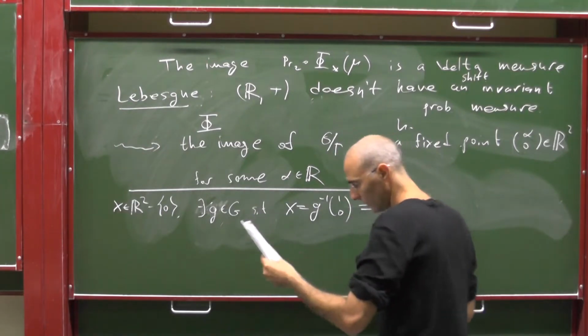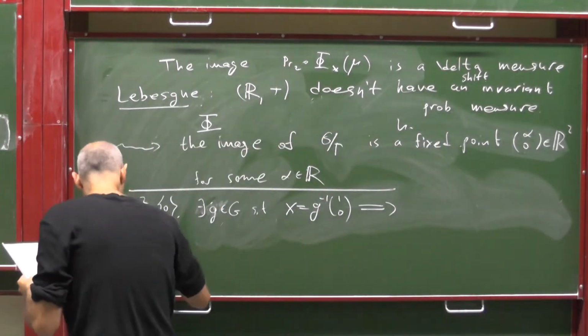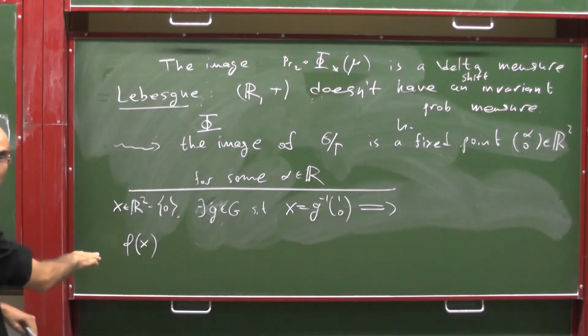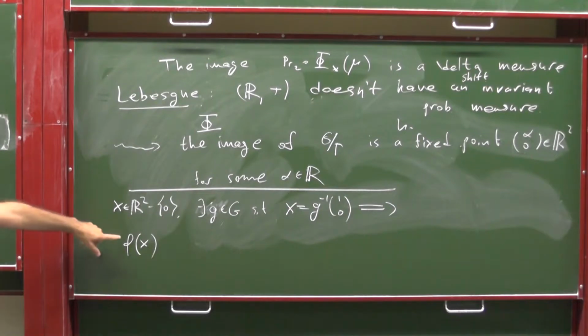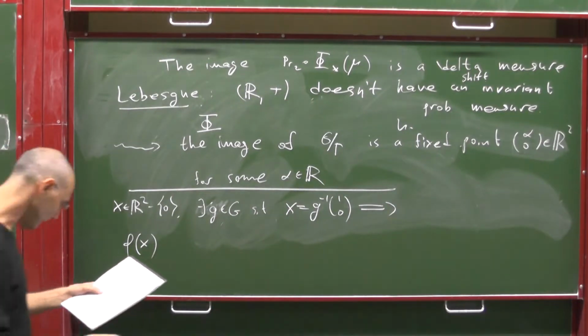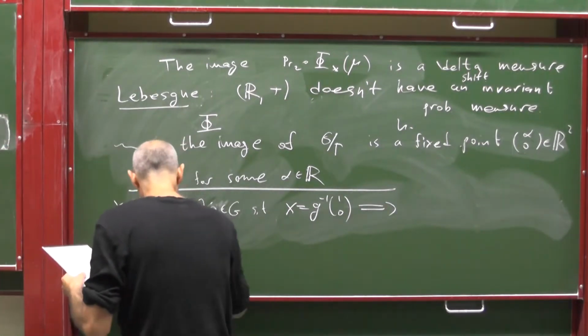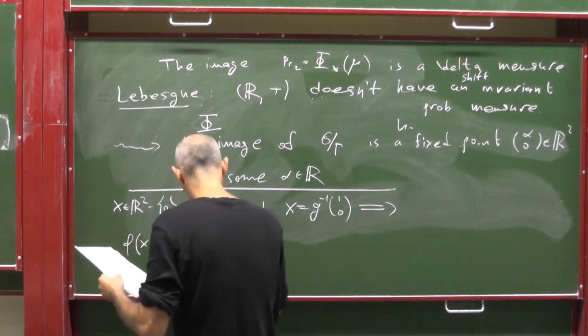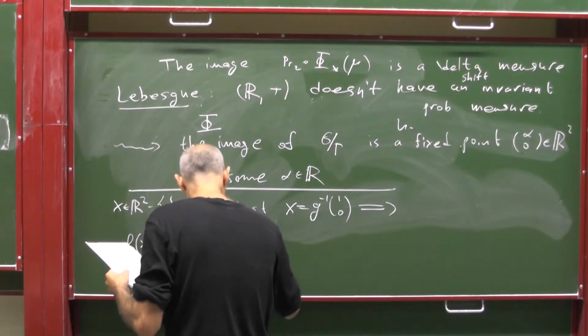Then what? Then phi of x. Phi is the map that I was interested in the first place, little phi, sorry for choosing the same letter. Phi of x, of course, is phi of G inverse of (1, 0).